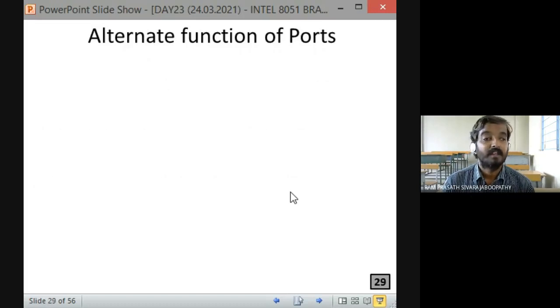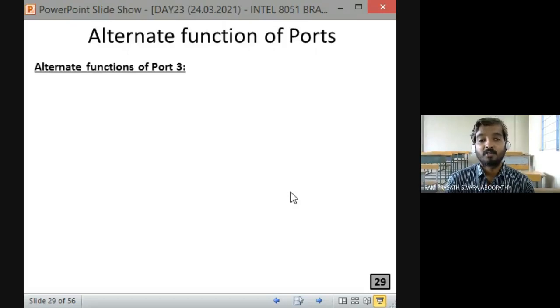Fine. Then the alternate function of port 3. In the case of port 0 or port 2, the alternate function is common: the entire port is used as an address data bus. What about port 3?